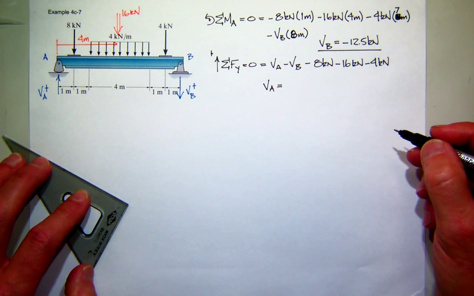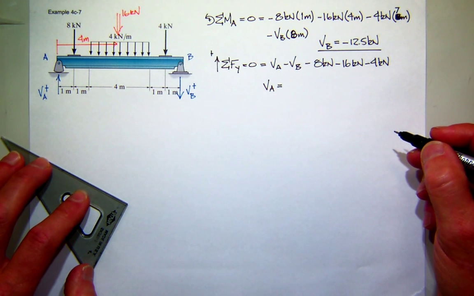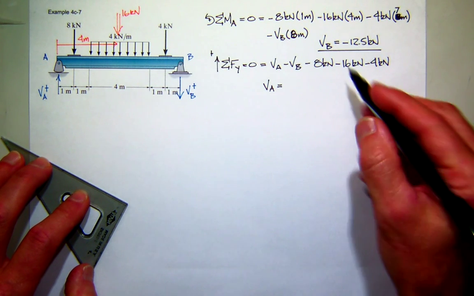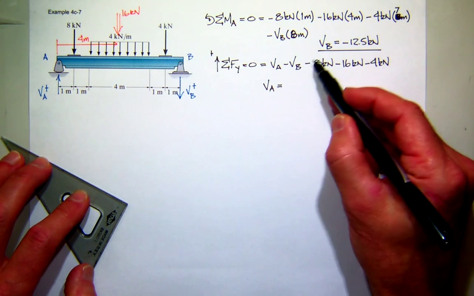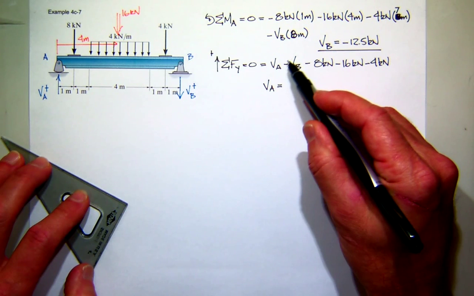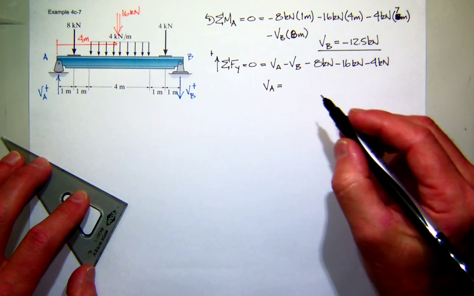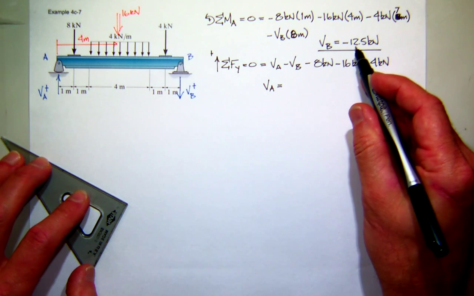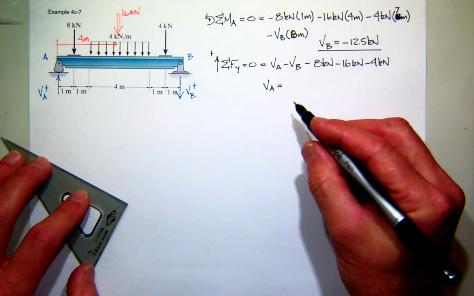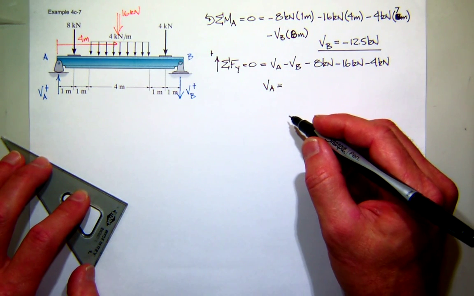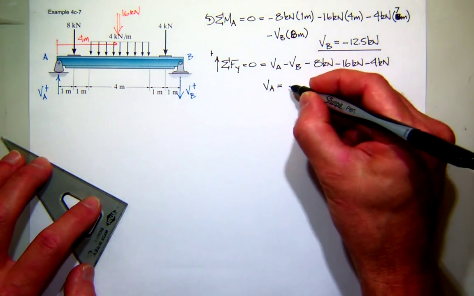Really? This is negative, so it comes in here and becomes a positive. Sorry. This is 28 minus that, right? 15.5. 15.5? Yes. Okay. Go ahead.